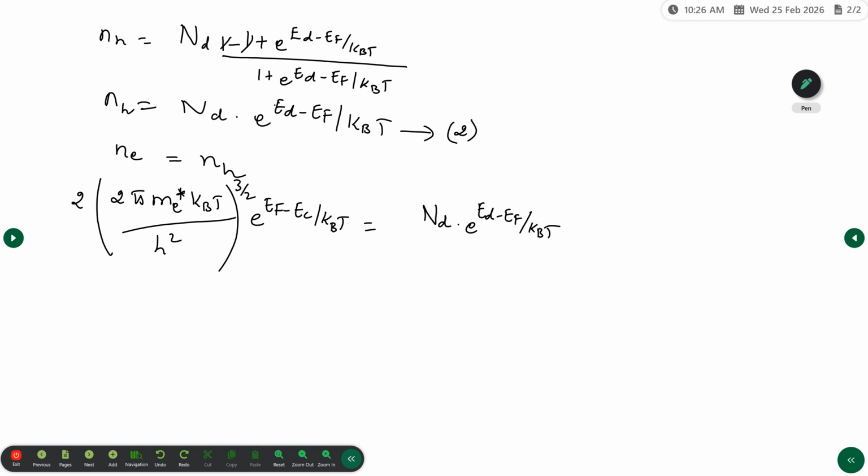So take the exponential terms to the left hand side, and this to the right.